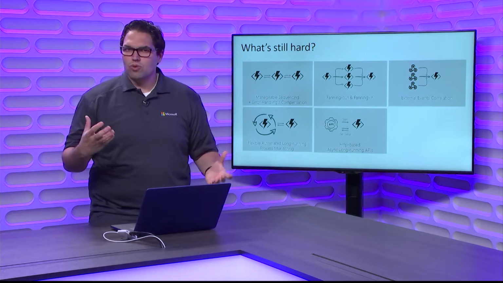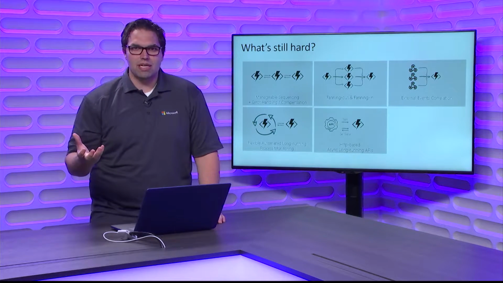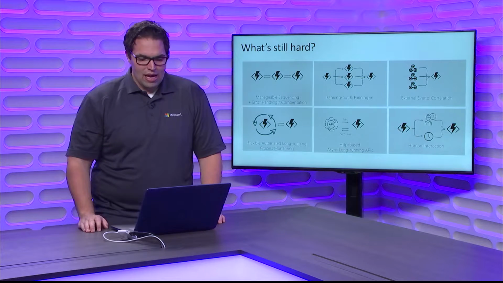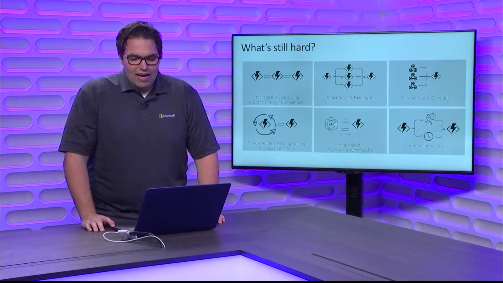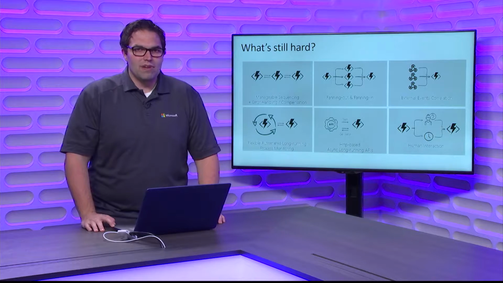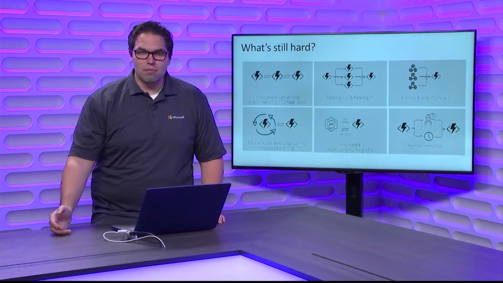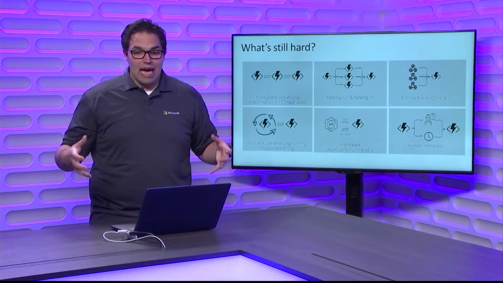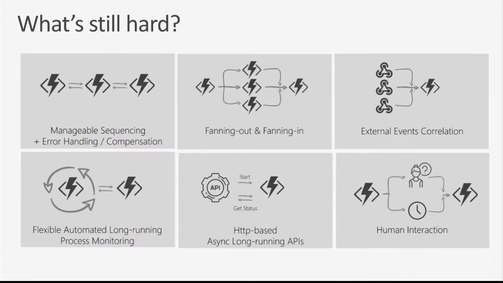So in a serverless world, what do I do if I have a task that has to happen for that long? How do I know when it's completed? How do I keep track of that state? And then the final one, which I kind of mentioned a little bit with the external events: what if I have some human steps in the middle? What if, the last step before my purchase process is completed, I need somebody to actually package up the product and put it in the mailbox? That means my application needs to be smart enough to know when that human takes their step and then continue on with the rest of the flow.